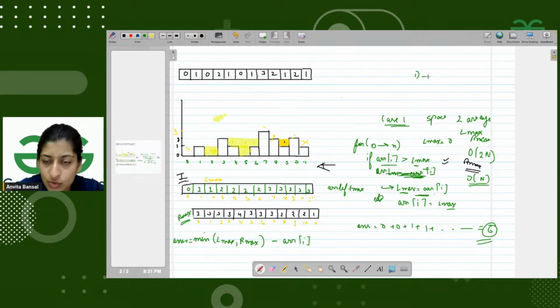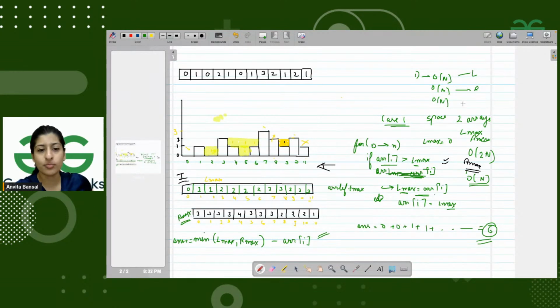Once you are iterating over the array to calculate Lmax, once again you are running one loop on this array for calculating the Rmax, and once again you are running one loop to check the minimum of elements to do this calculation. So basically 3 times you are running the loop, not nested but at different times, one after the other. So O of 3n, which precisely can be written as O of n.